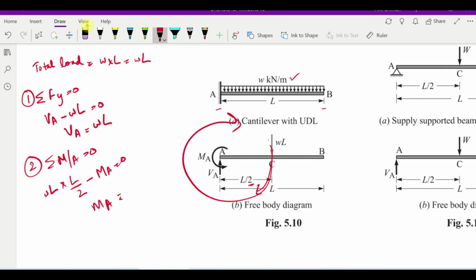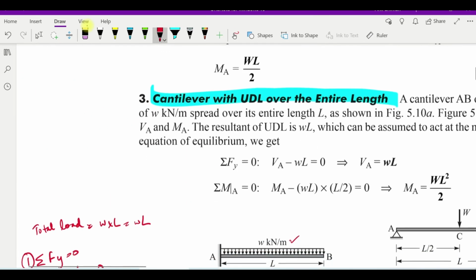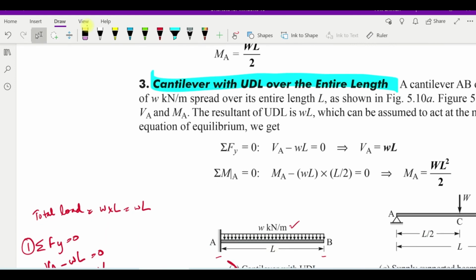So MA will be equal to WL square by 2. As it is given here, WL square by 2. We have just solved it.